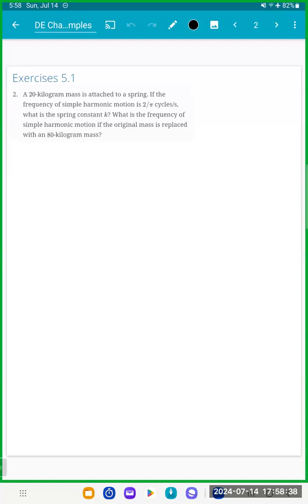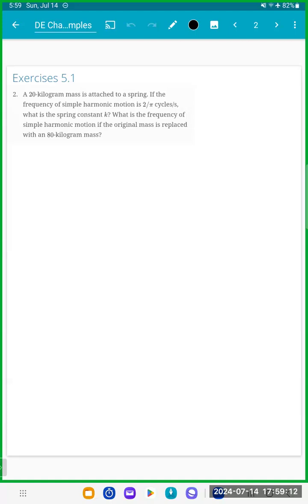The first one here is coming from problem number 2 out of section 5.1. This problem asks us to take into consideration we have a 20 kilogram mass that is attached to a spring, and it gives us the frequency of a simple harmonic motion at 2 over pi cycles per second.